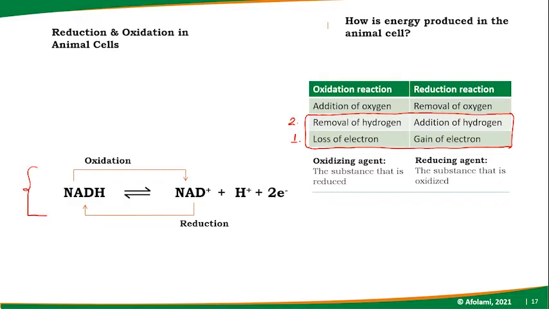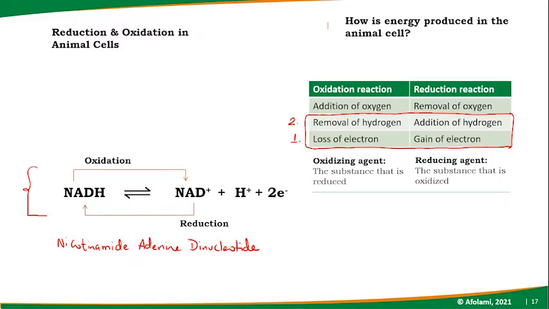Okay, so we shall be considering NADH and NAD plus as a case study, because this compound NADH, nicotinamide adenine dinucleotide, it is a compound that is regarded as a high electron carrier.